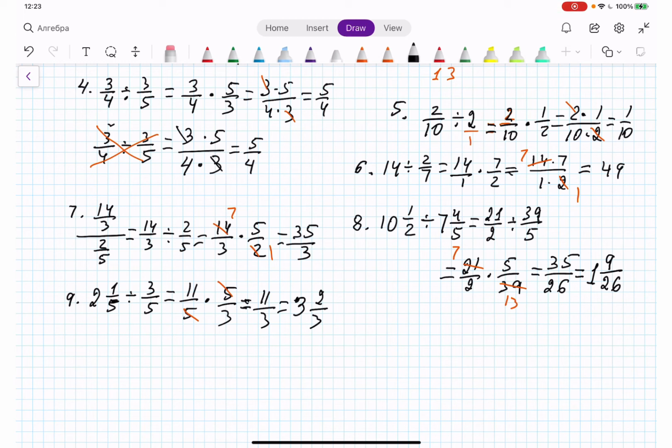Number 10, 15 dividing by 6 and 2/3. All right.